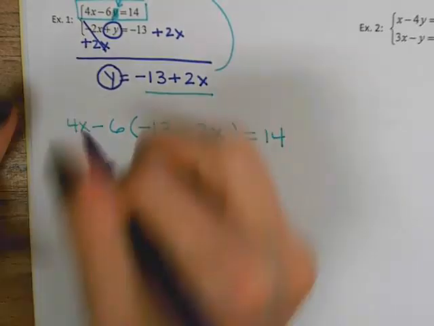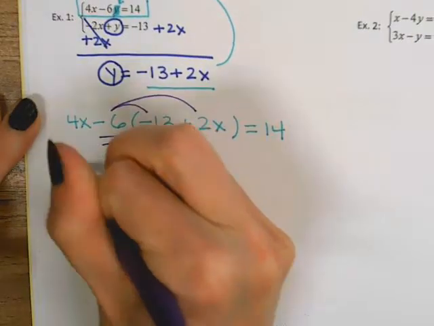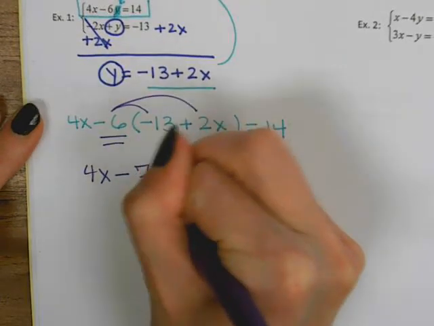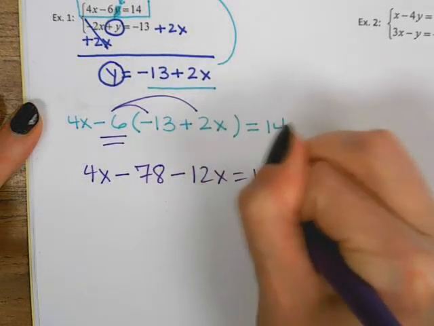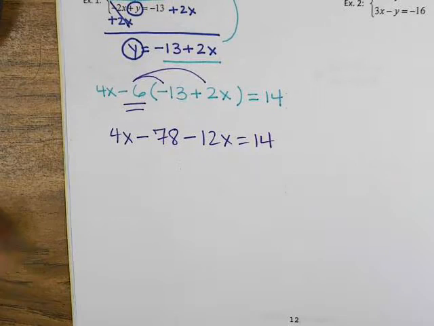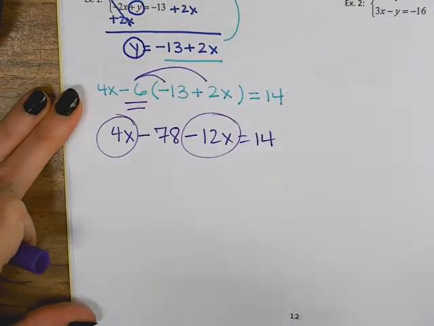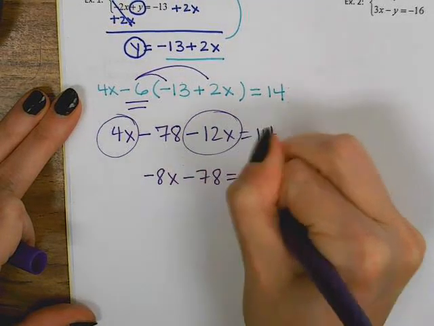So we got to distribute. We're distributing a negative 6. So it's 4x minus, I think that's 78, and then minus 12x equals 14. And then we have some like terms. 4x minus 12x is negative 8x minus 78 equals 14.